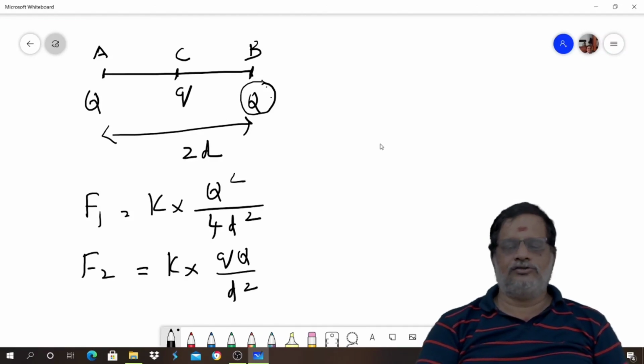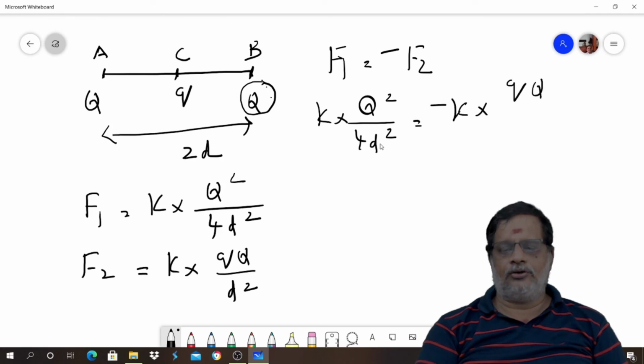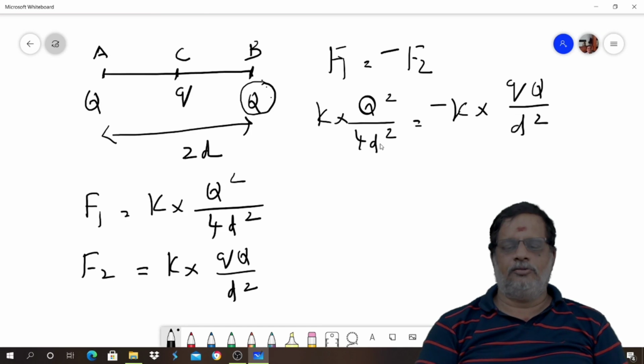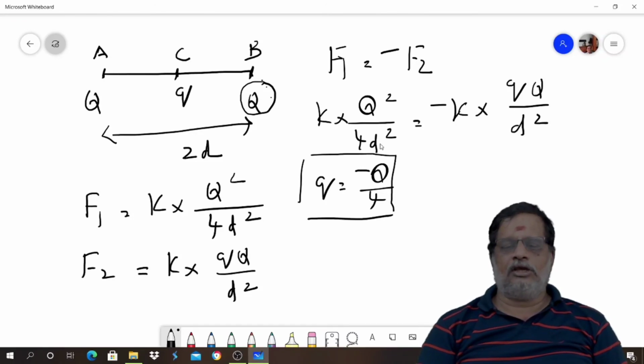Now we have seen that these two forces should be equal in magnitude and opposite in sign. So F1 should be equal to minus F2, which means that k into q square by 4d square should be equal to minus k into q by d square. Simplify this, you will get small q equal to minus q by 4. So that is the condition for the equilibrium of the end charge.